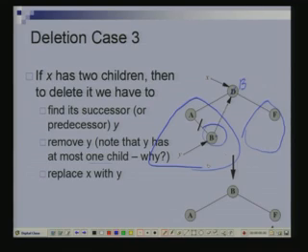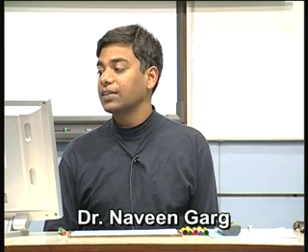Any questions on this? I see some frowns. What don't you understand? Yes. Sir, if B has one child, then we have to replace the left subtree of B, the root of the left subtree of B. You are saying if B has one child?